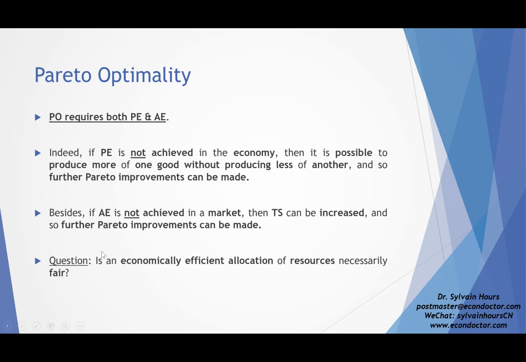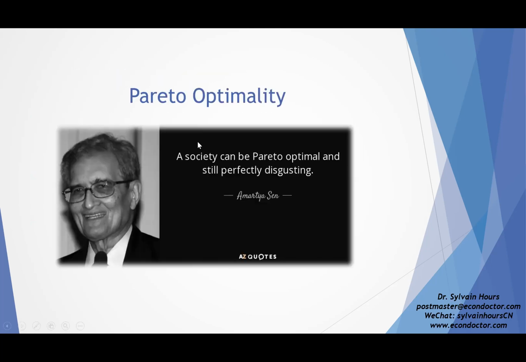And then I conclude this topic with this question. If we achieve efficiency, can we conclude that the allocation of the resources is fair? And of course not. And this is the purpose of this quote. Efficiency and fairness are two very different things, and usually they are in conflict.